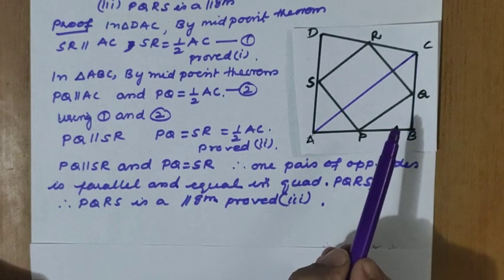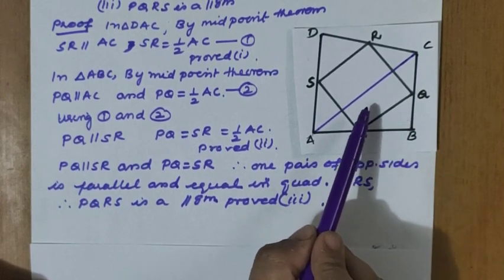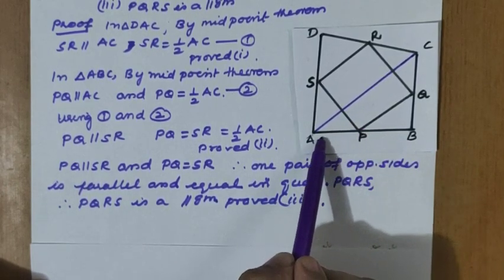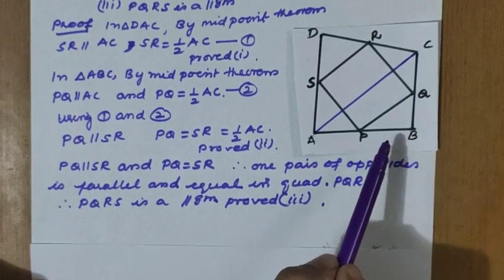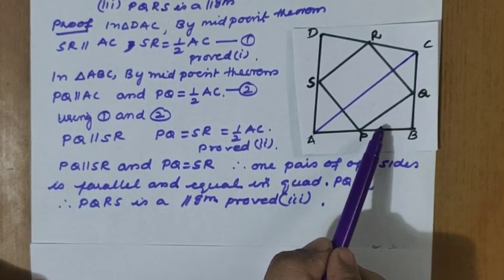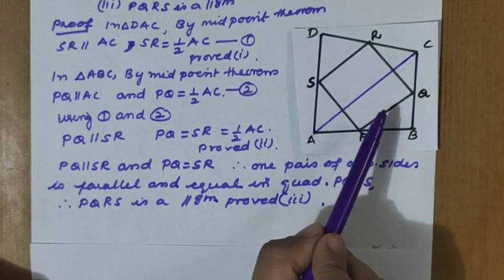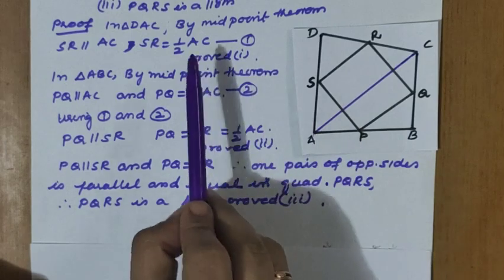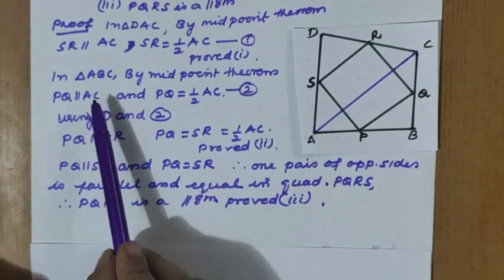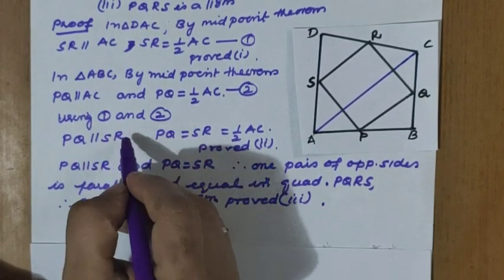Now similarly, what can we write? PQ parallel to AC, PQ equal to half AC. In which triangle is it? The triangle name has changed. ABC is the triangle. Again we used the midpoint theorem, PQ parallel to AC and PQ equal to half AC. Using 1 and 2, PQ parallel to SR because both are parallel to AC.